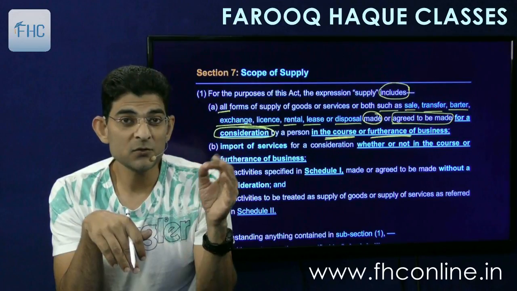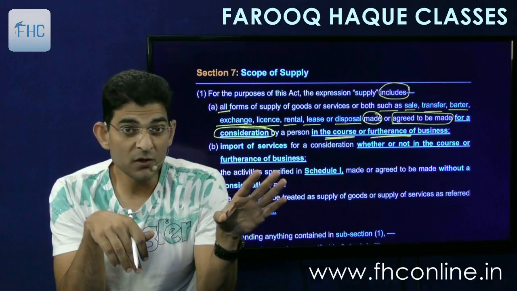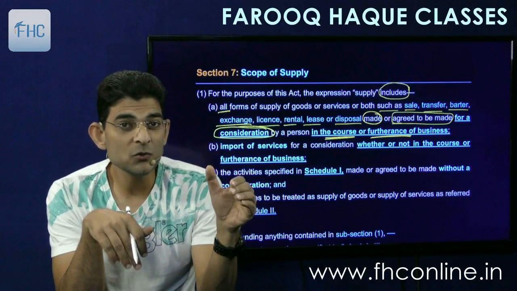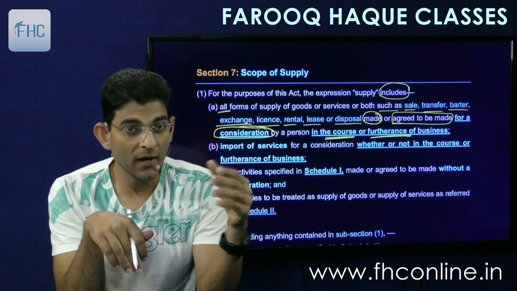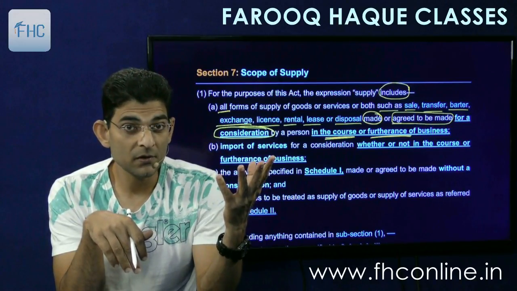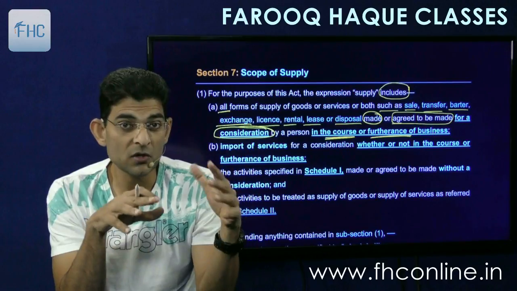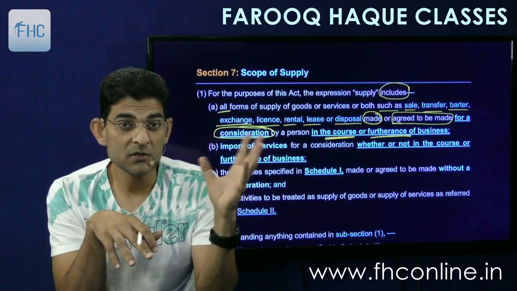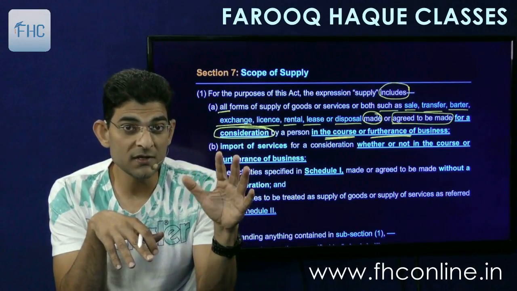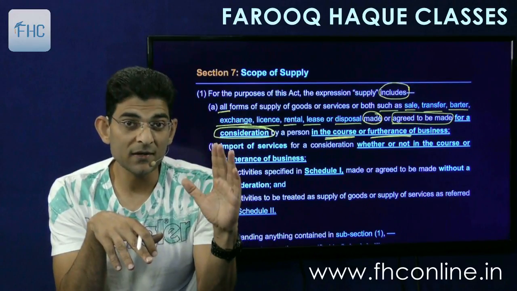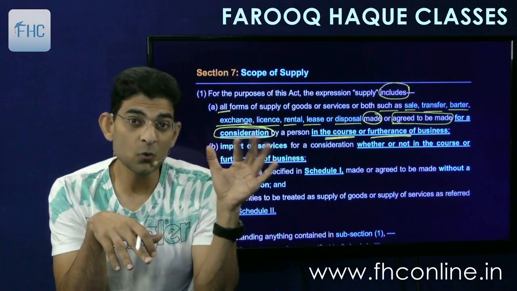So if I am selling you something which is not in the course, but it is also in the nature of business, I am starting something new. For example, I want to start a new company, I want to start a new factory. So I purchase a lot of equipment, I purchase a lot of machinery. While I am doing that, is it in the course of business?